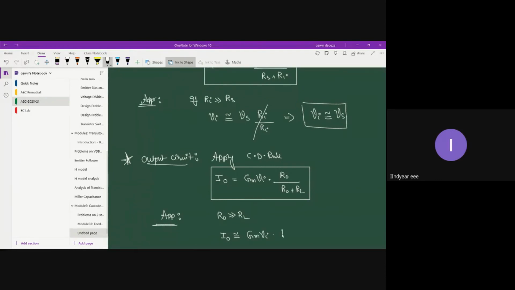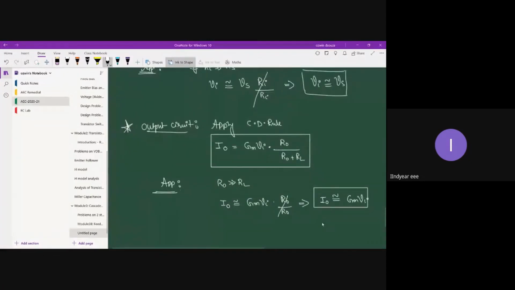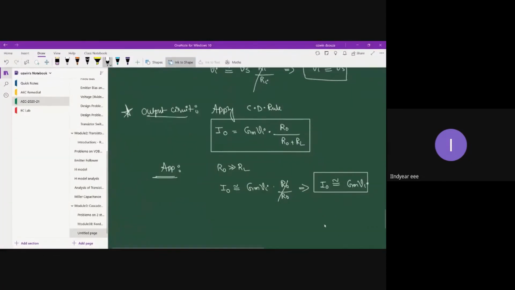That's because the R0 by R0 ratio gets cancelled, and you get I0 equal to Gm into Vi. So this is the approximate expression. We have written the exact expression as well as the approximate expression.